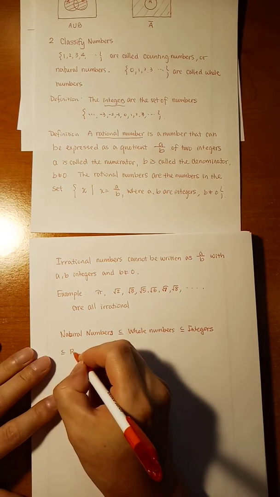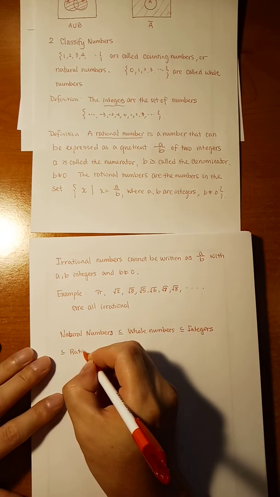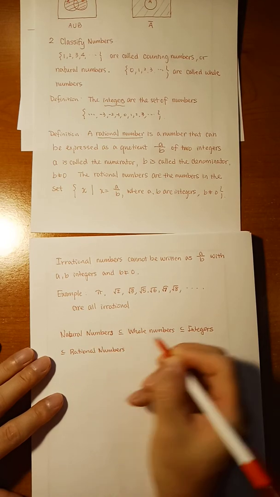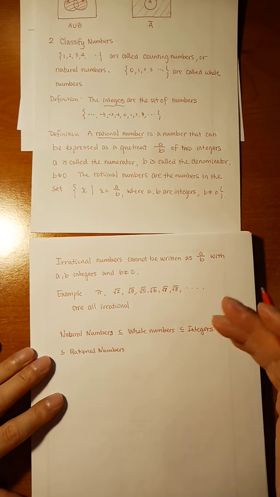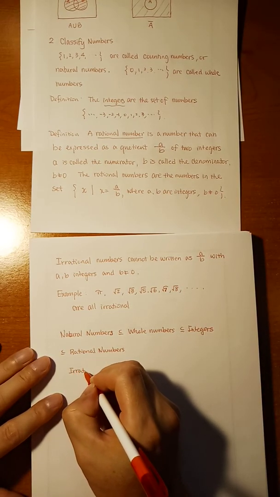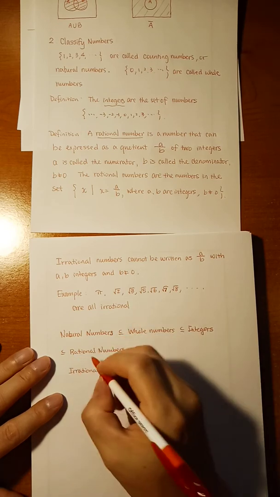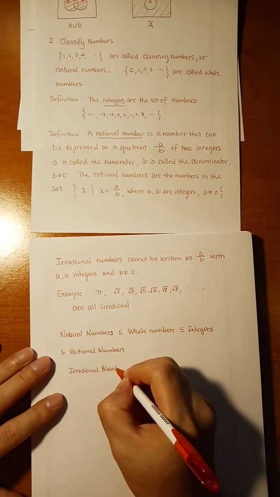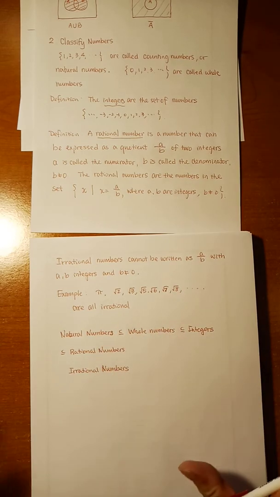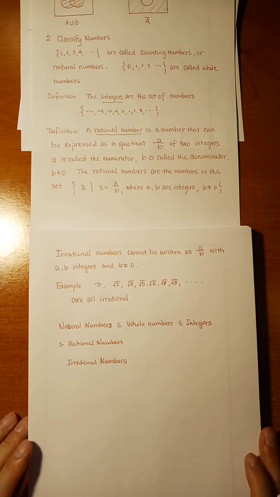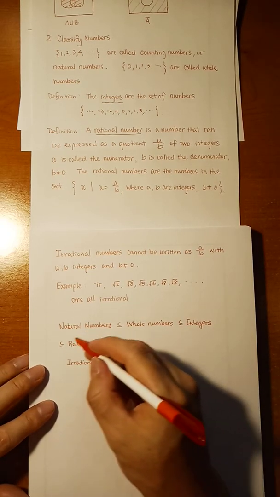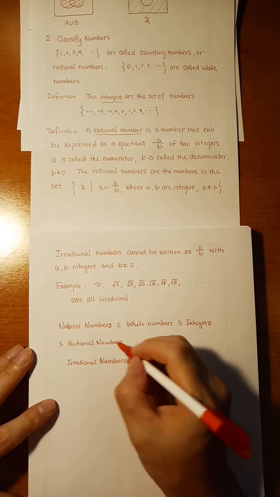Then we have rational numbers, where we get the ratio. Together we also have irrational numbers. This is separate. It's not included. Rational and irrational do not have an intersection. Their intersection is the empty set. So we put all these rational and irrational together and we call them real numbers.